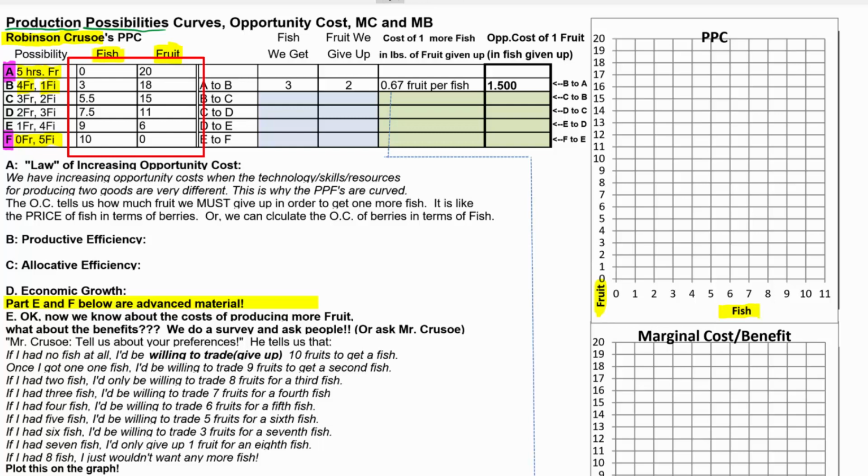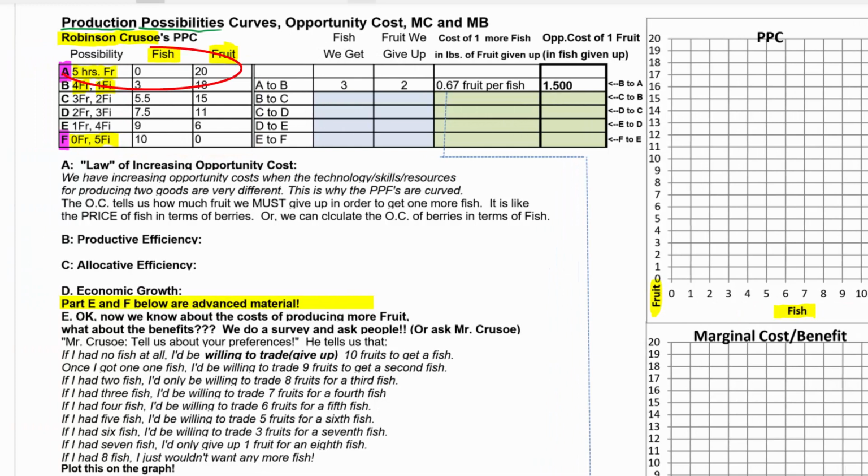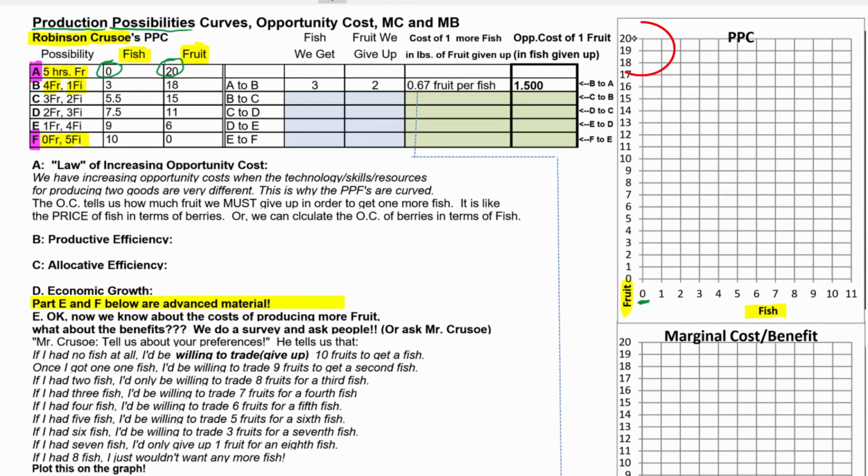So let's start off with possibility A. Possibility A tells us that if Robinson Crusoe spends all of his time collecting fruit, he'll end up with no fish and 20 pounds of fruit. So we graph that first point here. No fish down here on the x-axis, 20 fruit up on the y-axis.